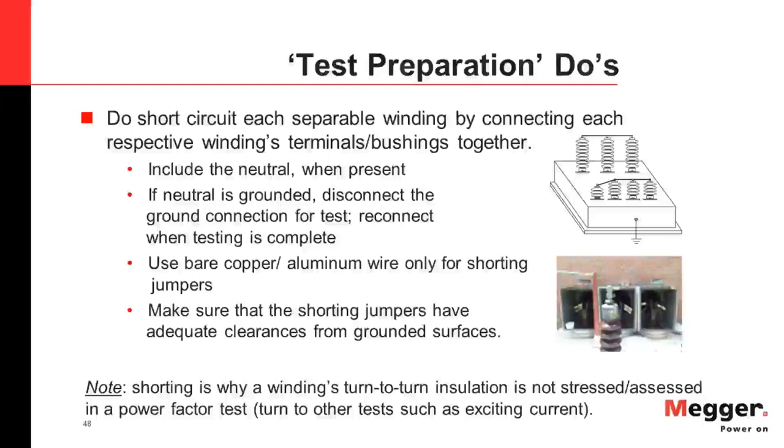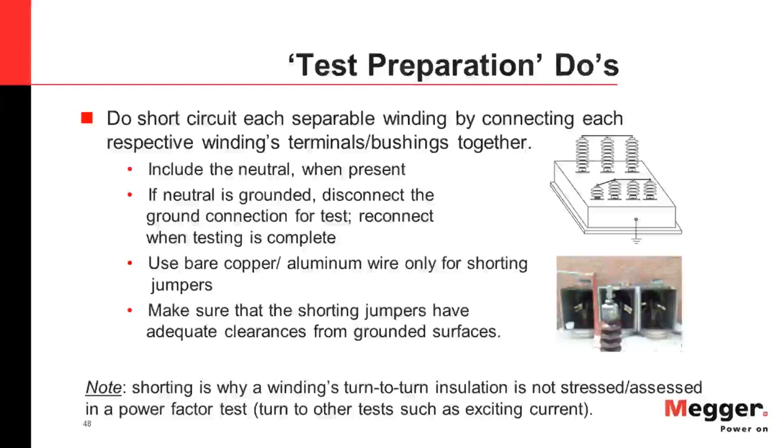So what are the consequences of failing to short circuit each winding? It basically results in an unpredictable influence on power factor, and that's the problem. The effect is going to depend on the transformer for sure. The influence is variable. Sometimes it will affect it greatly. Sometimes you won't see an influence at all by not short-circuiting the windings. It all depends.